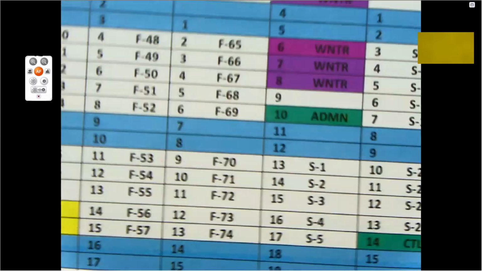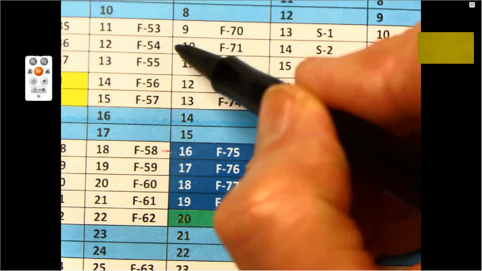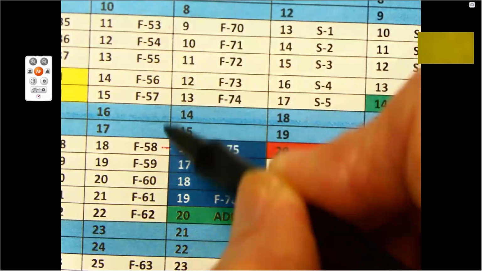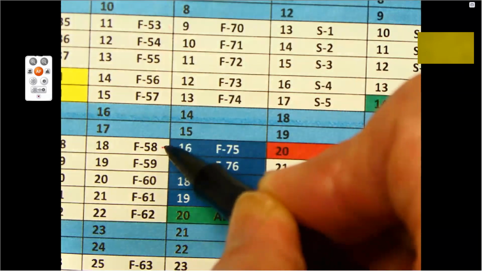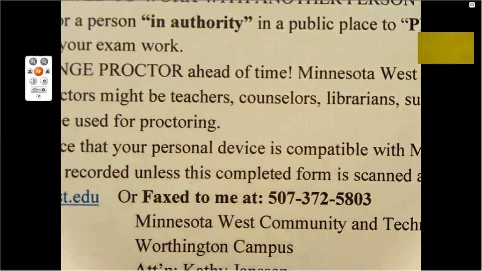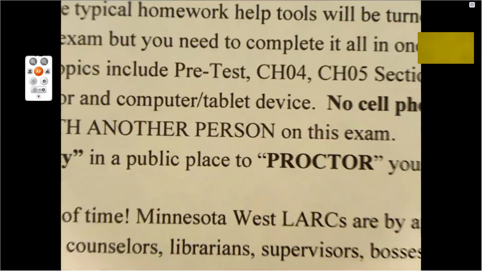The 18th, here's today, the 7th. That's all of next week up till Monday, the 18th. It is proctored.